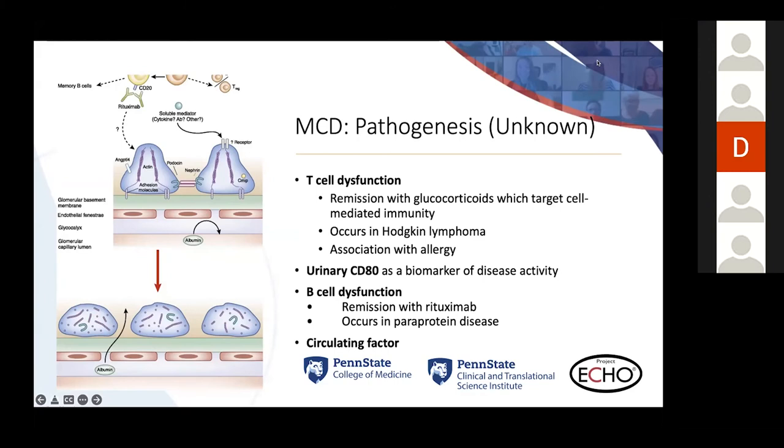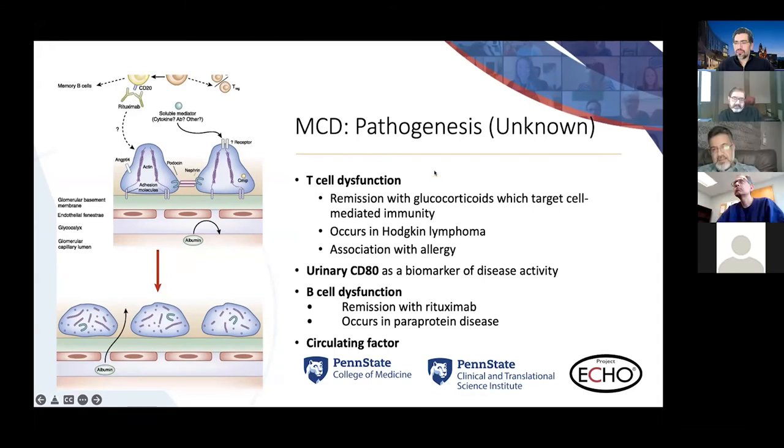My query here is that if adult MCD was to be labeled as a defect in nephrin alone, then the presentation and the response to therapy of MCD just to steroids, they just are two different entities clinically to me.